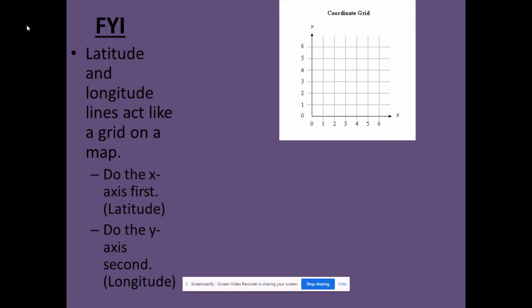When you think about latitude and longitude, think about grids that you have in math. And so think about them as grids on a map. And you'll want to end up doing the x-axis first, just like in math. So think of an x-axis as any horizontal line running across your map, because lat is flat. So again, the horizontal lines, that's the x-axis. And then think about the y-axis as being the longitude lines or the vertical lines on a graph or on your map.